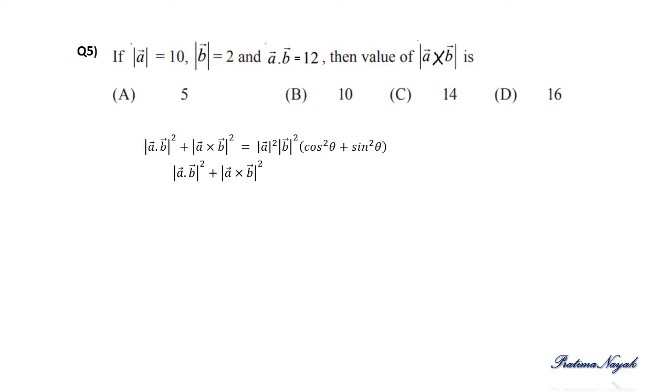So A cross B whole square is equal to A square B square minus A dot B whole square. So this will be 10 square 100 into 2 square 4 minus 12 square 144. It is equal to 256. So A cross B modulus is equal to square root of 256, which is 16. So answer is D.